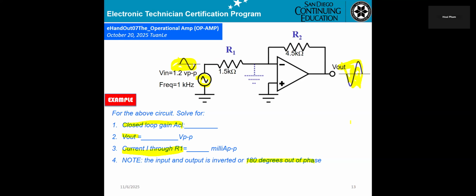Any question about this example? If not, we keep moving.